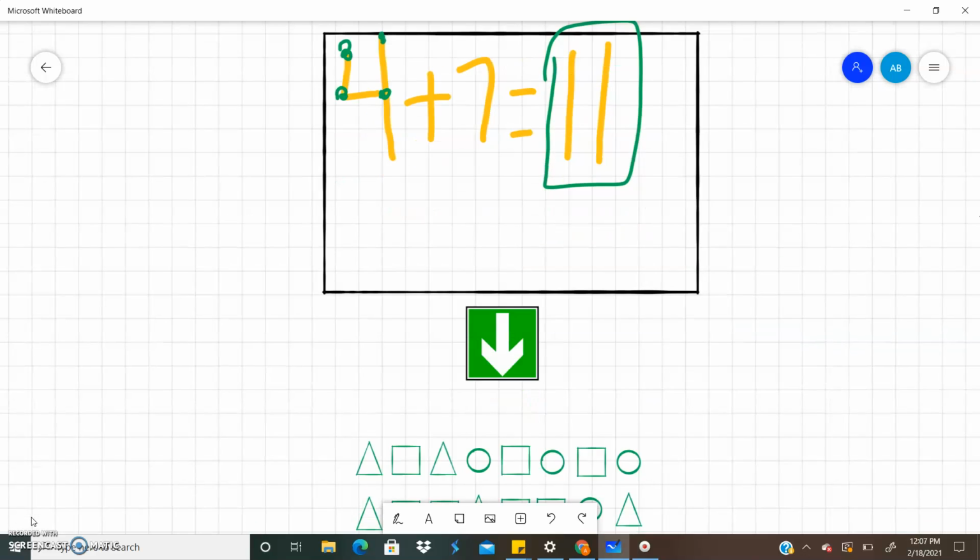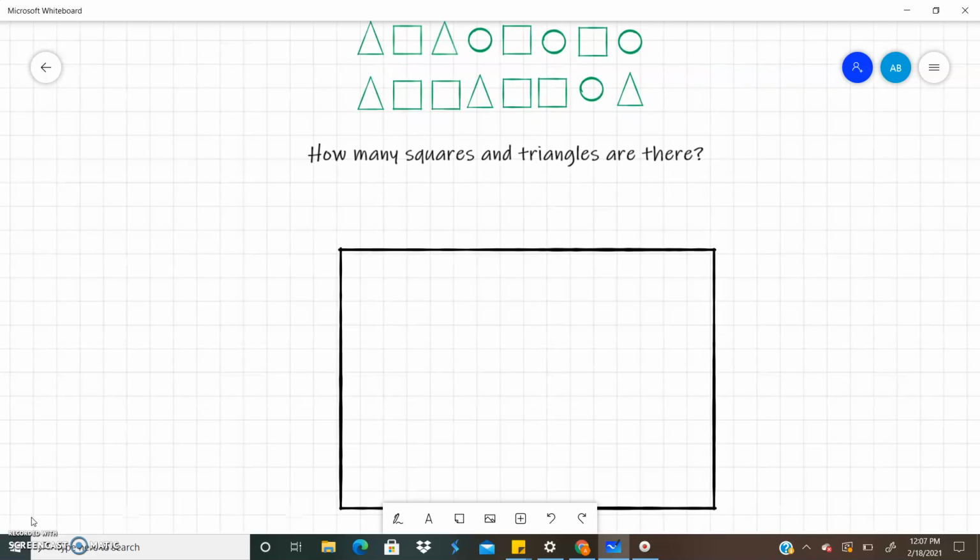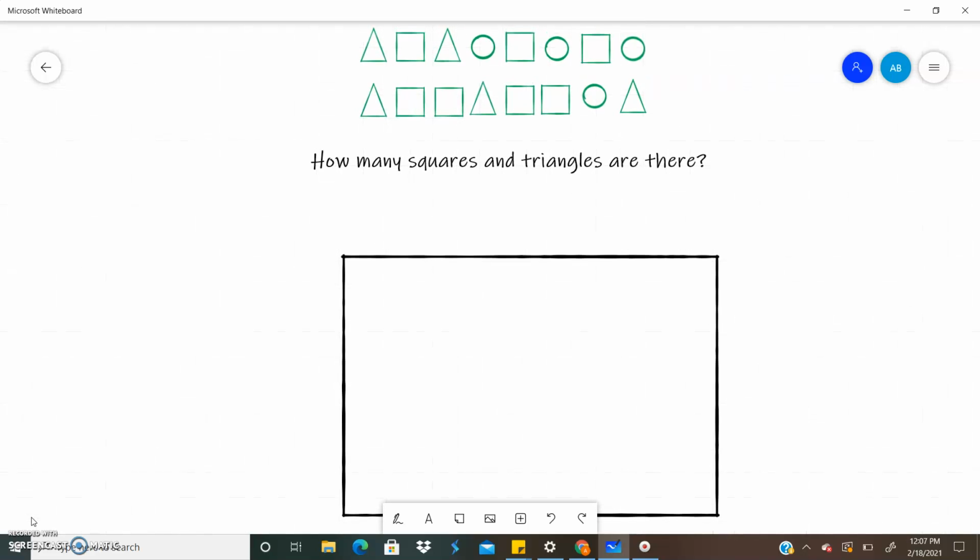All right. How many squares and triangles are there? I'm going to go ahead and pause it and see if you can solve this on your own. All right, now that you've tried to do it by yourself, let's go ahead and go over it together. Let's go ahead and underline that important information.